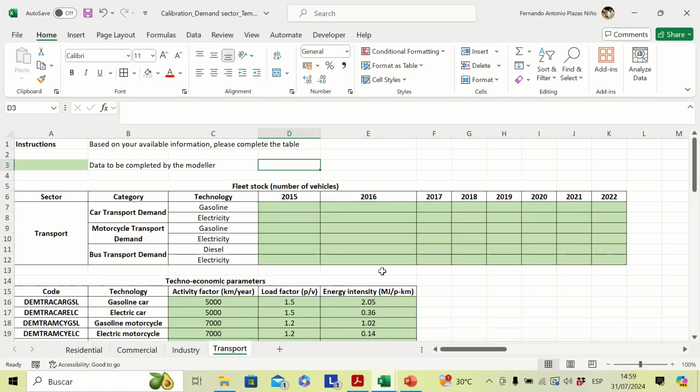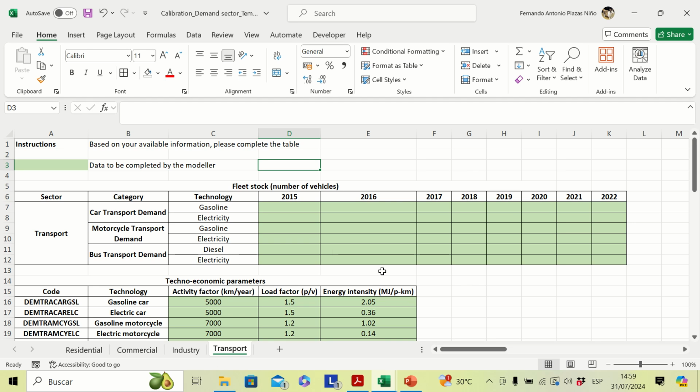It is not possible to use the energy consumption, because usually those values are aggregated, so it's very difficult to split it, and we can try to avoid so many assumptions in this part. So instead of that, we can use the fleet stock as our proxy for this calculation.